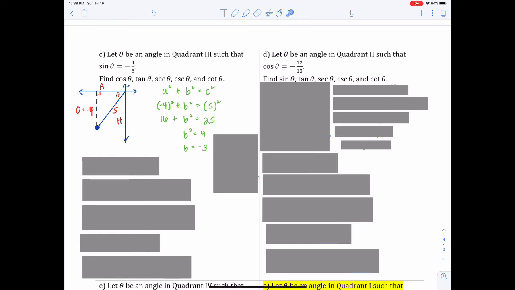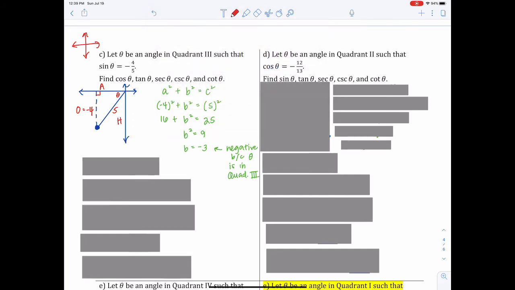Therefore, b is technically +3 and -3, but the reason why I have -3 here is because we're in quadrant 3. If I'm going this way along my x-axis, like in a normal coordinate plane, I only have negative x values over here. That's why I know my b value has to be negative.